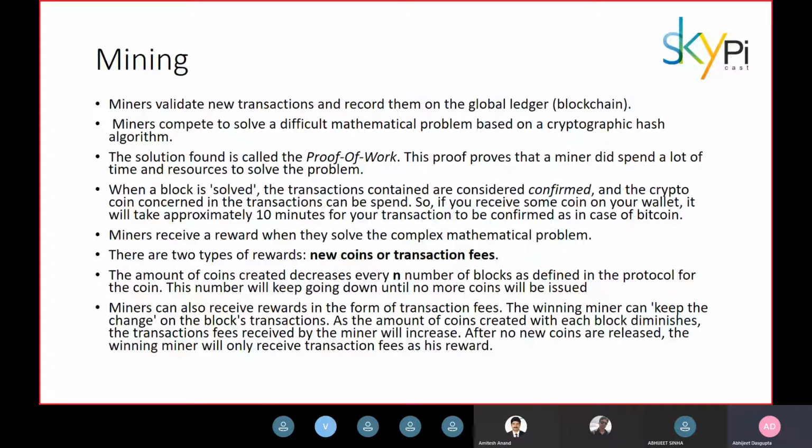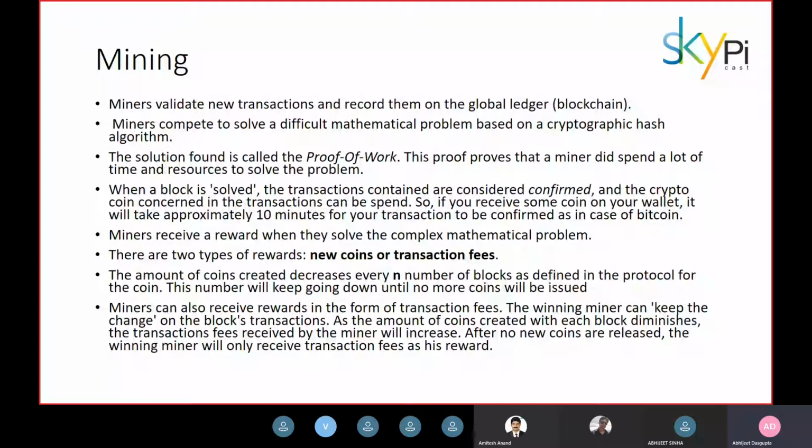So we will be confining our discussions to mining, based on the consensus algorithm that is being used for our FLO blockchain. That is why we are only going to focus on mining. Just to continue, the solution that is found during mining is called the proof of work. That is, the work that has been done needs to be proved.